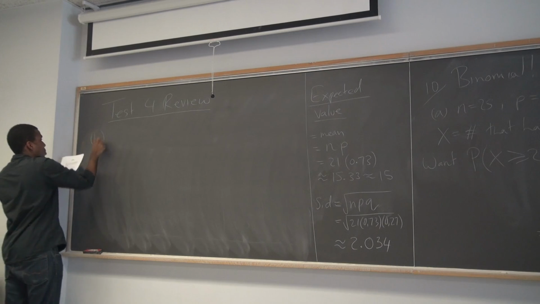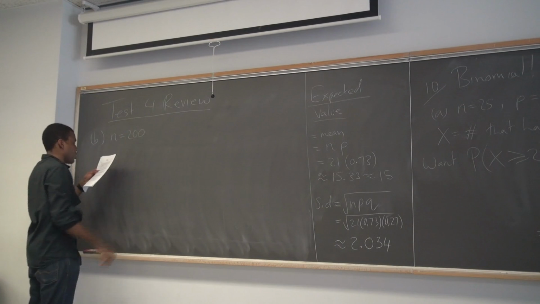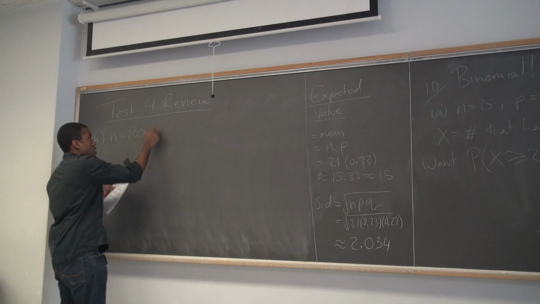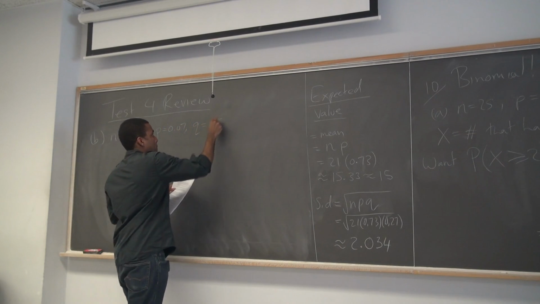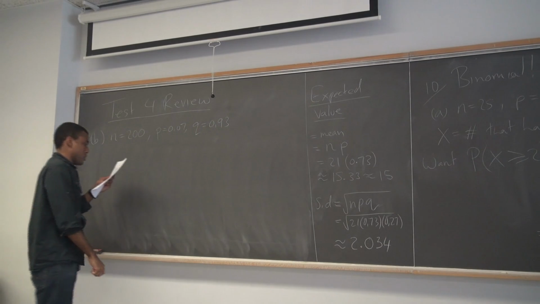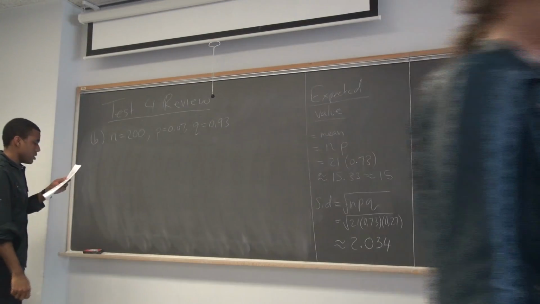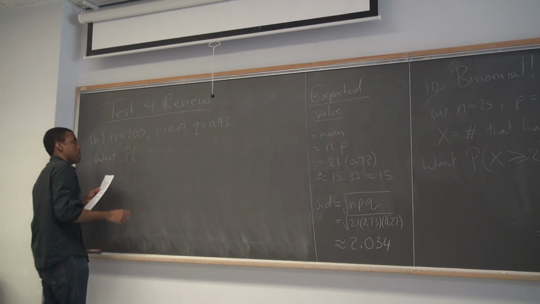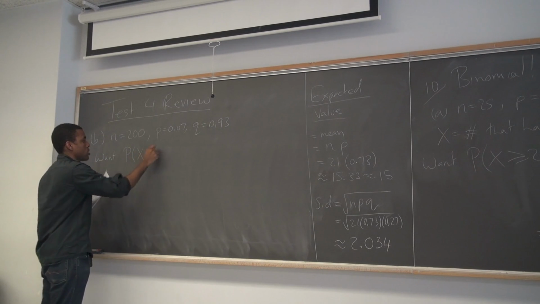So in B, what is the N? 200. 200 cars, right? So they pull over 200 cars. They want to find the probability that at least 20 have an infraction. Your P is, of course, going to be the same. And X will be defined the same way. We want at least 20 tickets for infractions. X greater than or equal to 20.